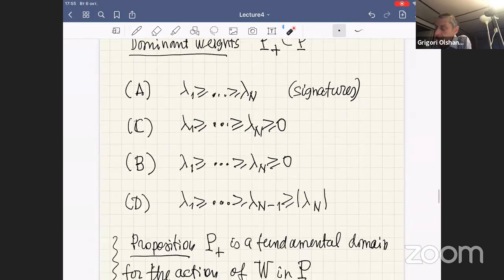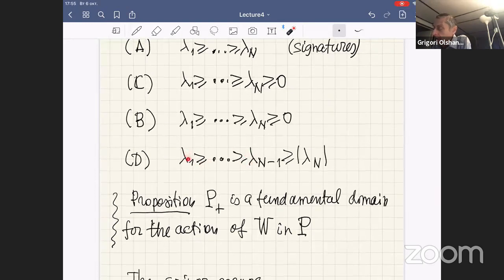And in case D, there is something interesting. At the last coordinate, we have this inequality. So the last coordinate can be negative. This is some specific feature of type D. Why? This is just related to this fact.